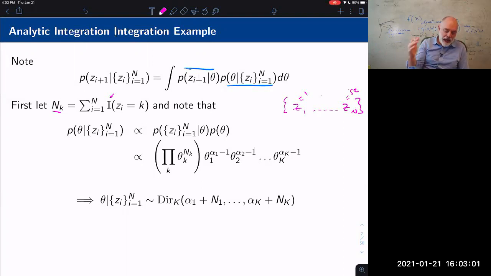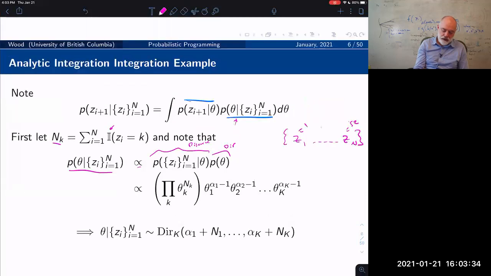Okay, and note that in order to form this posterior distribution, which is the first thing we need to do, we write down the form of the posterior distribution as the likelihood under the discrete distribution times the prior, which is Dirichlet, given the forms before. That looks like it's proportional to, we're using proportionality, so we're ignoring normalization constants for the moment.